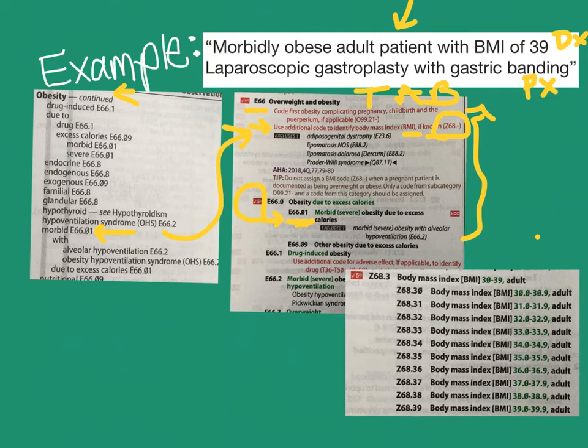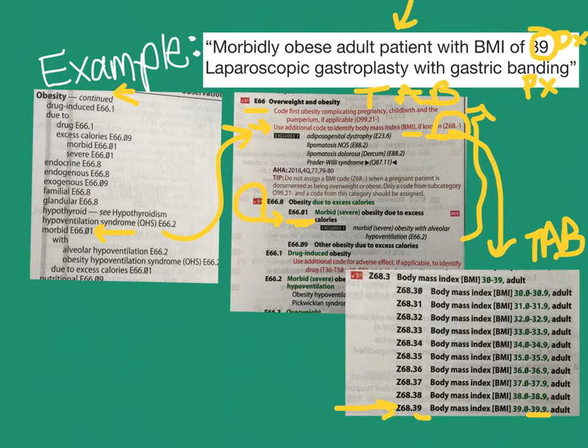So it's giving us direction. So instead of going back to the alphabetic index to start, we can go directly to the Z68 category, again here in the tabular list. And looking at all the options, the best choice seems to be Z68.39, body mass index 39.0 to 39.9, and we know up here in our diagnosis statement that we have the BMI identified as 39.